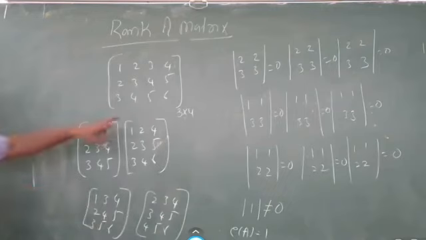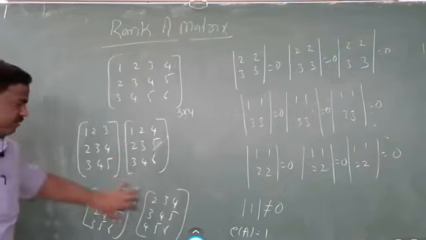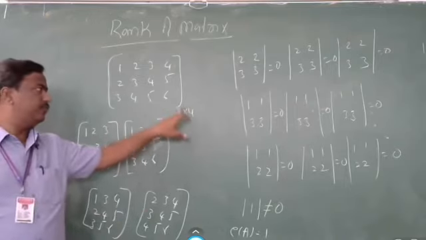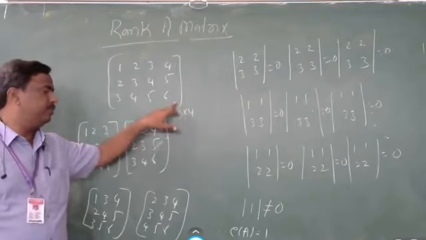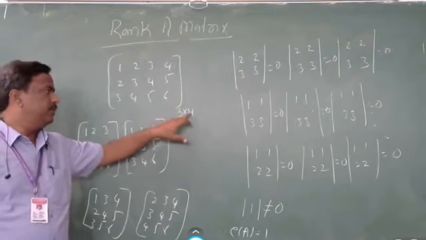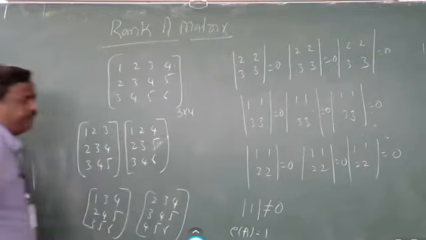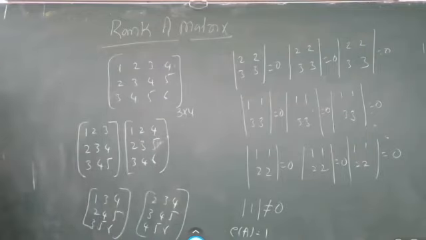Whenever you get a rectangular matrix like this, here you have 4 possible matrices. Suppose you have a fifth column also, you get one more matrix. Now find the determinants of these.